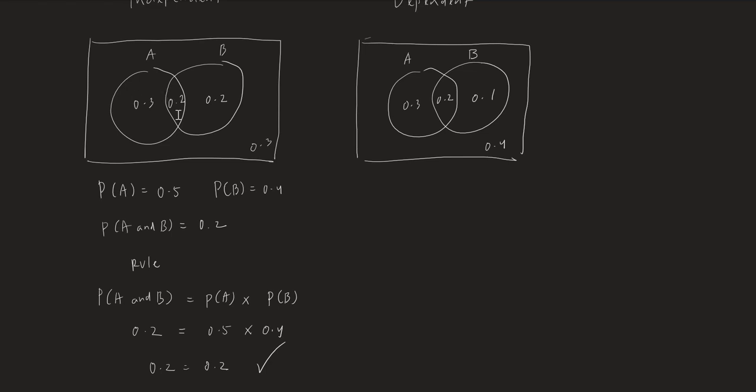Because 0.2 is the same as 0.5 times 0.4.